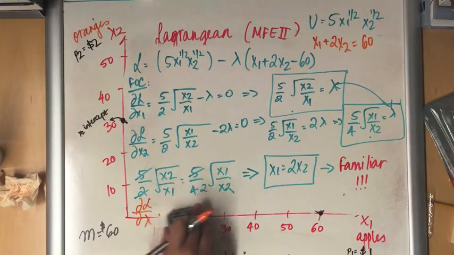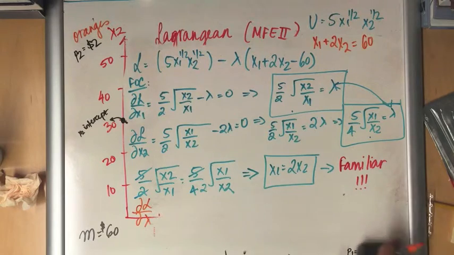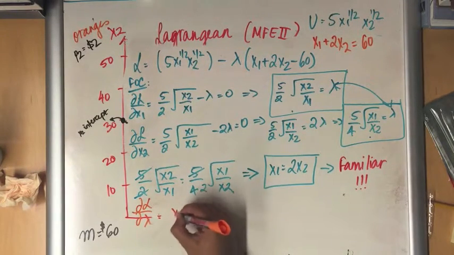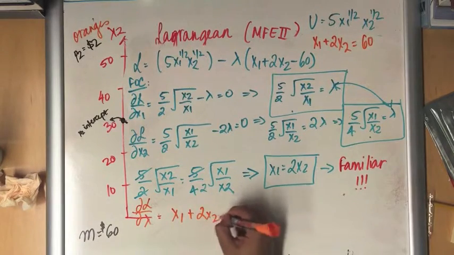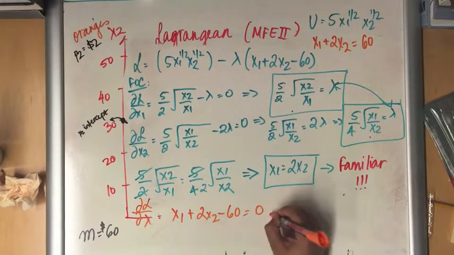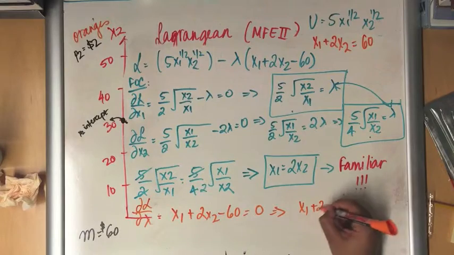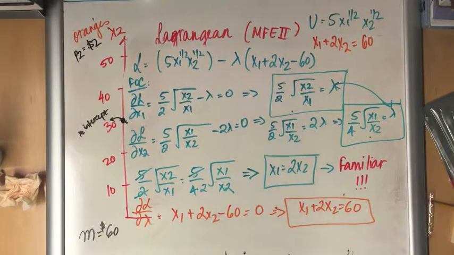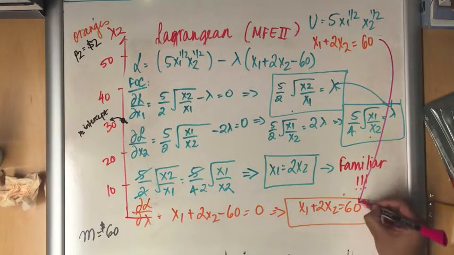That is just x1 plus 2x2 minus 60 equals 0, which is x1 plus 2x2 equals 60, which is my budget line.